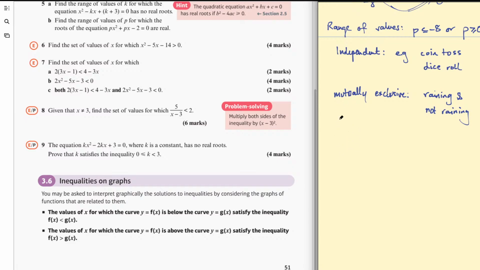Well, if the temperature and how cloudy it is, temperature and cloud cover. They would be dependent because the cloud cover impacts on how hot or cold it is.